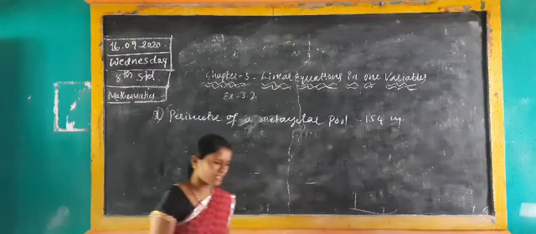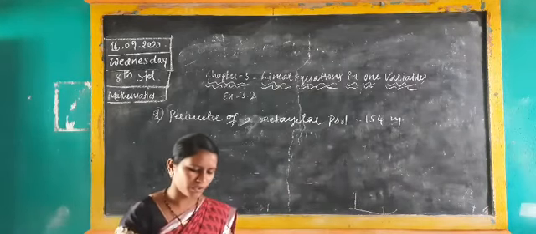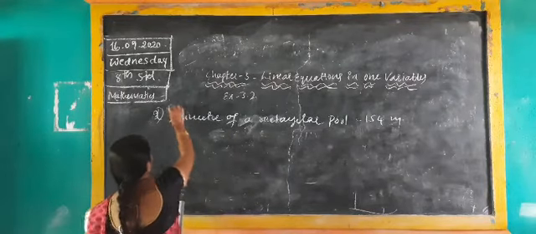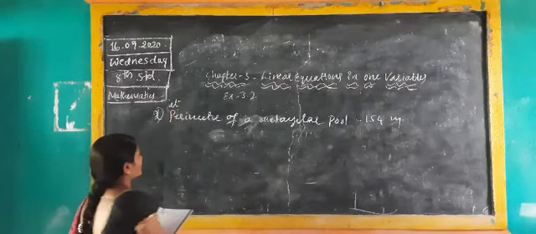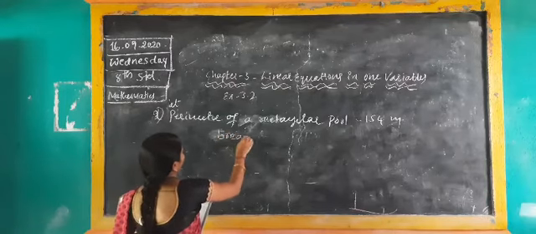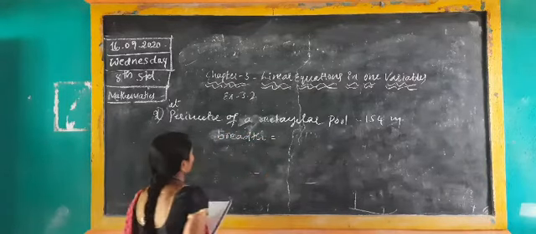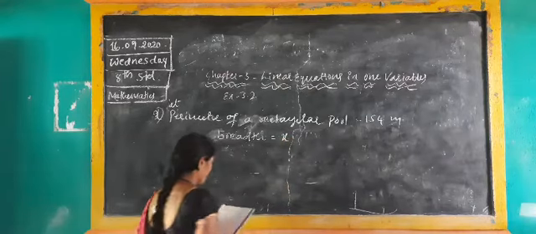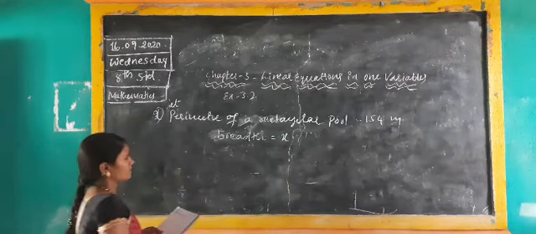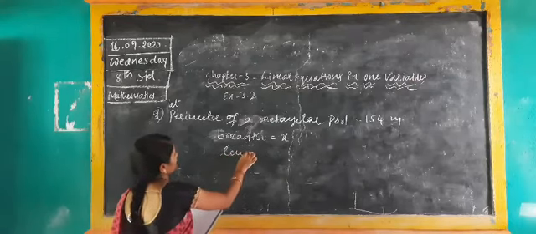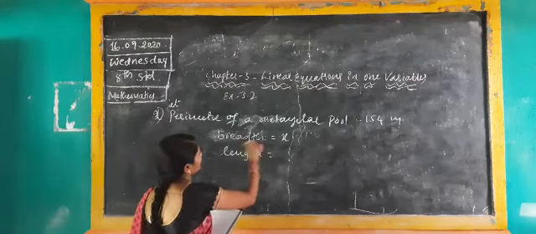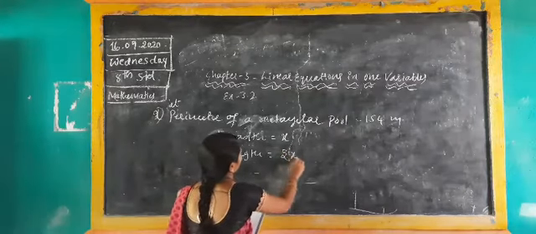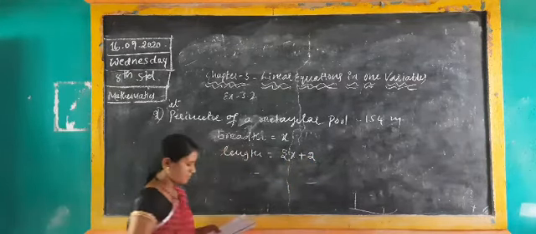Whatever meter or centimeter they have given, you have to write. Let the breadth be x, because we don't know the breadth. What about length? They said length is twice its breadth, which means 2x plus 2.